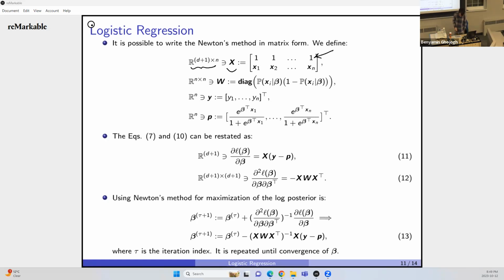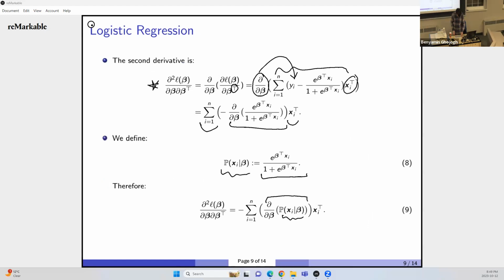Then I'll define the matrix W, n by n, as a diagonal matrix whose ith diagonal element is this. Also, I define the vector y, which is the vector of labels. Also, the vector p, which is an n-dimensional vector whose elements are these logistic functions, right?